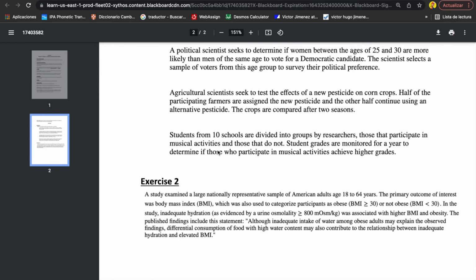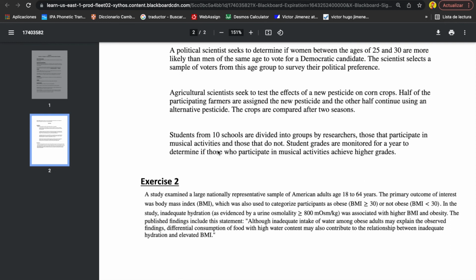Number 10, the next one, students from 10 schools are divided into groups by researchers, those that participate in musical activities and those that do not. The student grades are monitored for a year to determine if those who participate in musical activities achieve higher grades.